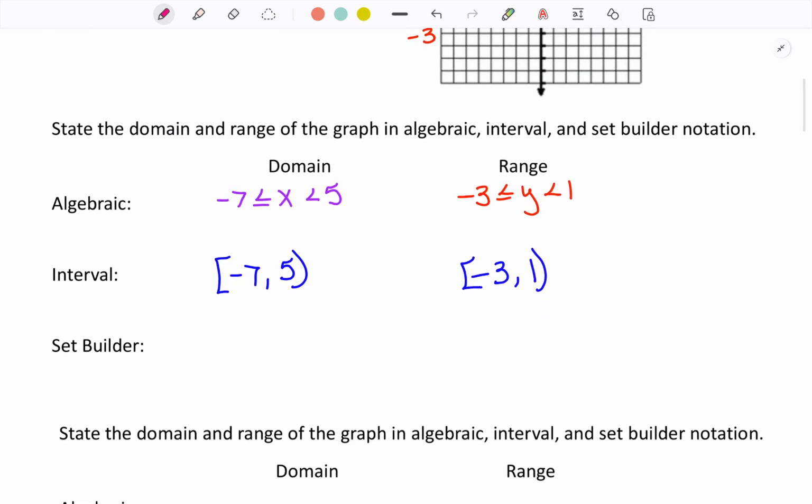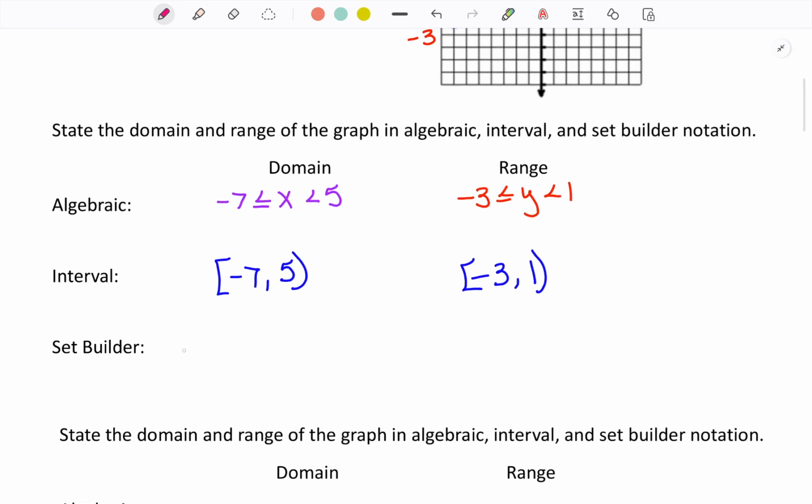Now for set builder notation, you are going to use a squiggly brace, and then you will have x is such that, so draw the big line, and then you're going to write the inequality that you used for algebraic notation. -7 is less than or equal to x, which is less than 5.